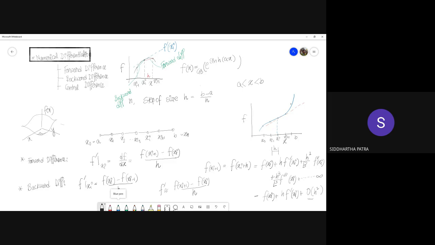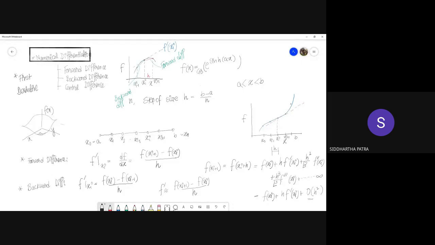Whether it is a backward difference or forward difference, in order to evaluate the first derivative, we are taking help of values of f at 2 points.